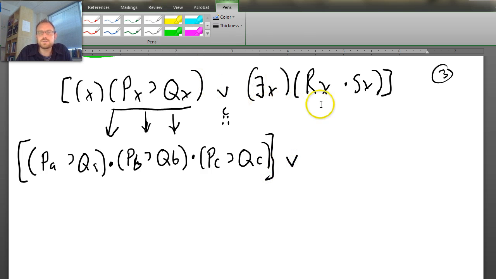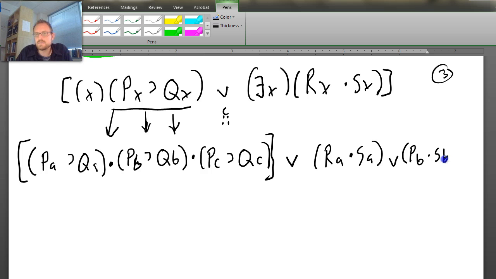And then our disjunction carries down, which is right here. And then now I need to do this. Of course, I need to do 3 statements as well, except instead I'm going to just use A, B, and C. I'm just going to basically replicate this statement again. It's going to be RA and SA, or, I'm using the disjunction here because this is an existential quantifier, or RB and SB, or, and I'm about to write down here because I'm running out of room, this would be RC and SC, and then the close brackets, okay?